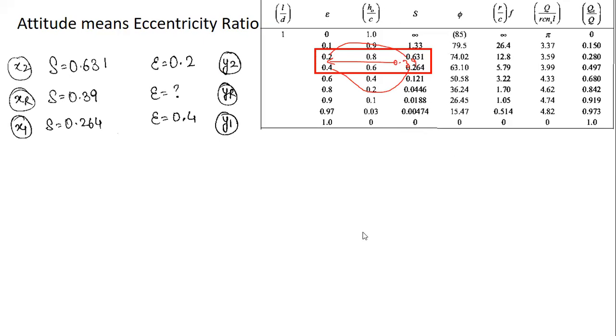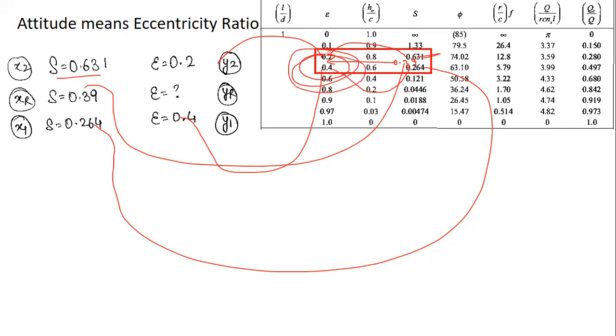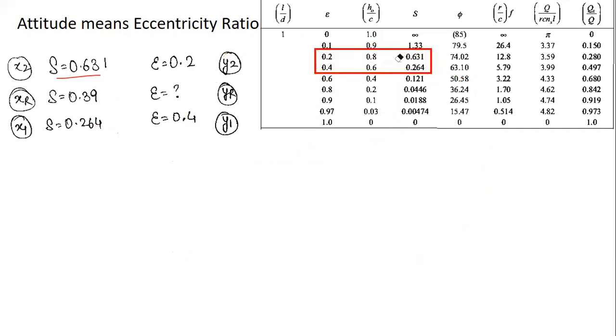Same way, I'm just putting in these values. So if this is X2, obviously this will become Y2. If this is X1, obviously this will become Y1. And if this is XR, what is the value in between? That's what I want to find out.